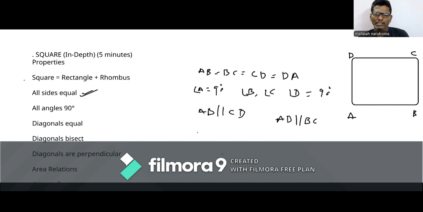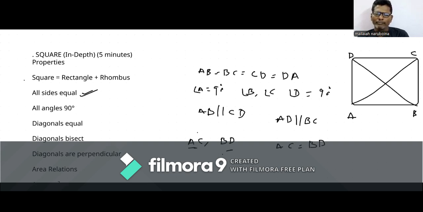These are equal in length. That means AC is equal to BD. These diagonals are equal in length.